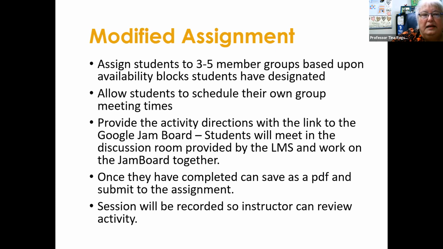And then they can record that, then I can go in and watch it later. So that'll be kind of a little synchronous meeting, but it'll only be like 3 students at a time. So rather than trying to get the whole class together, they'll be able to do some little group activities. So I don't know how it's going to work, but I'm going to try this. And so this is one of the things that I'm going to use.